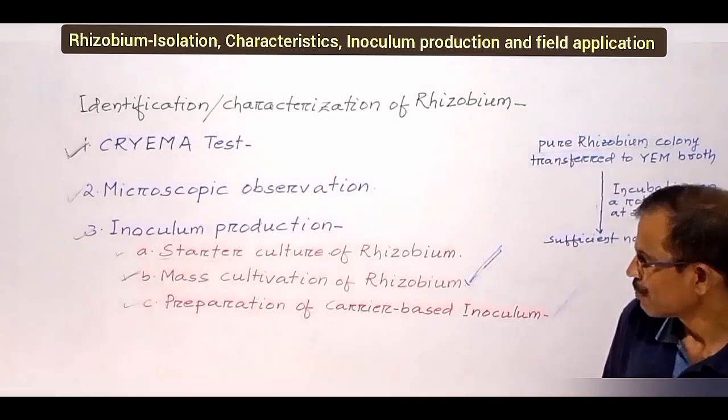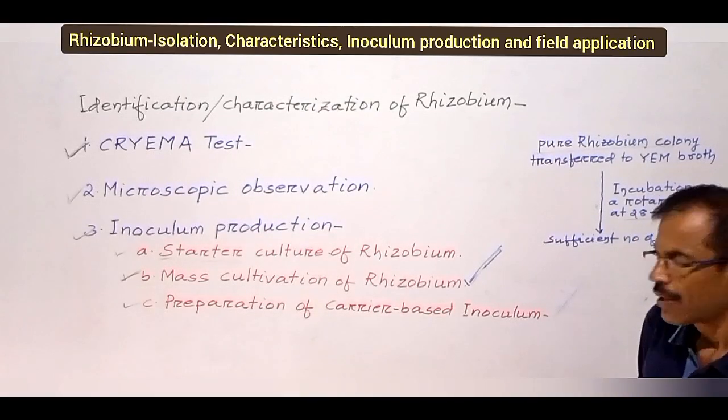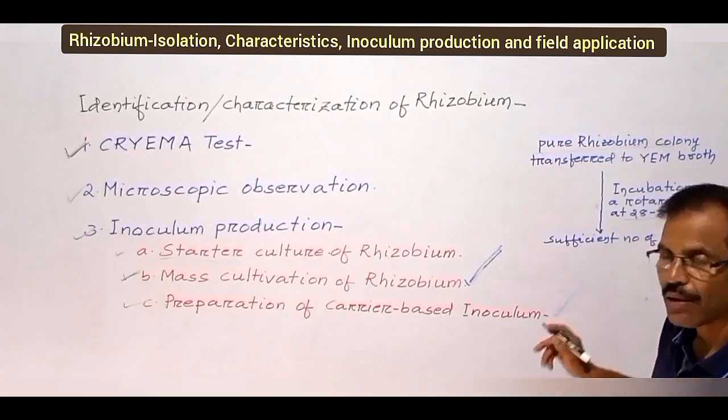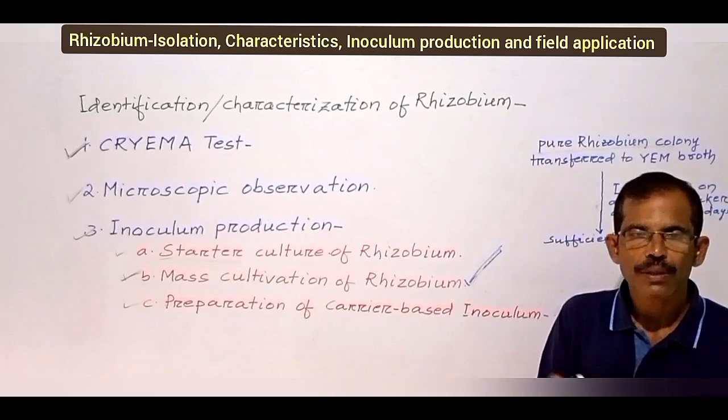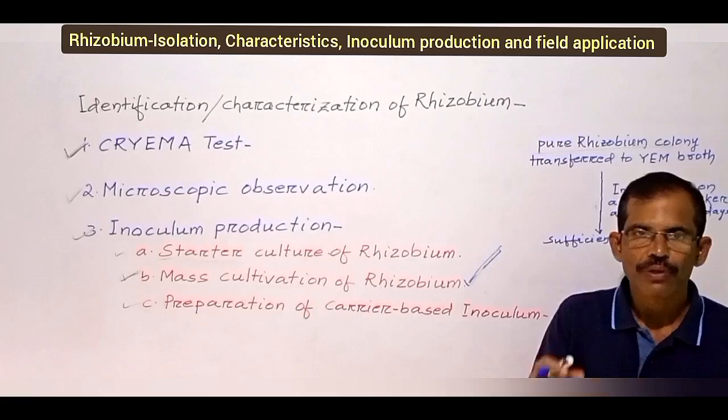Next step is preparation of carrier-based inoculum. This step is essential for preparing Rhizobium as a biofertilizer for application on the agricultural field.